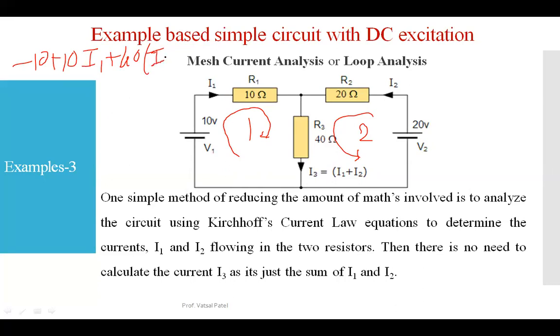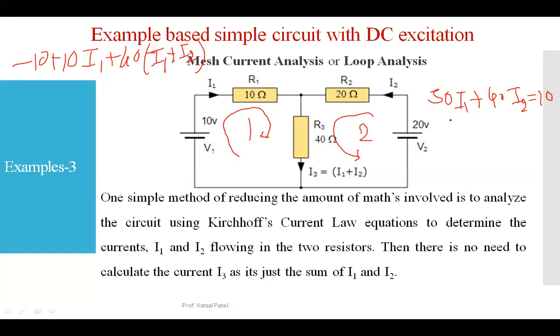The direction is already mentioned here, but you can select the direction as per your choice. But make sure that according to the mesh you apply, you identify the current direction. So what will the equation be here? Can we say it is 50 I1 plus 40 I2 equals 10? Can we write like this?